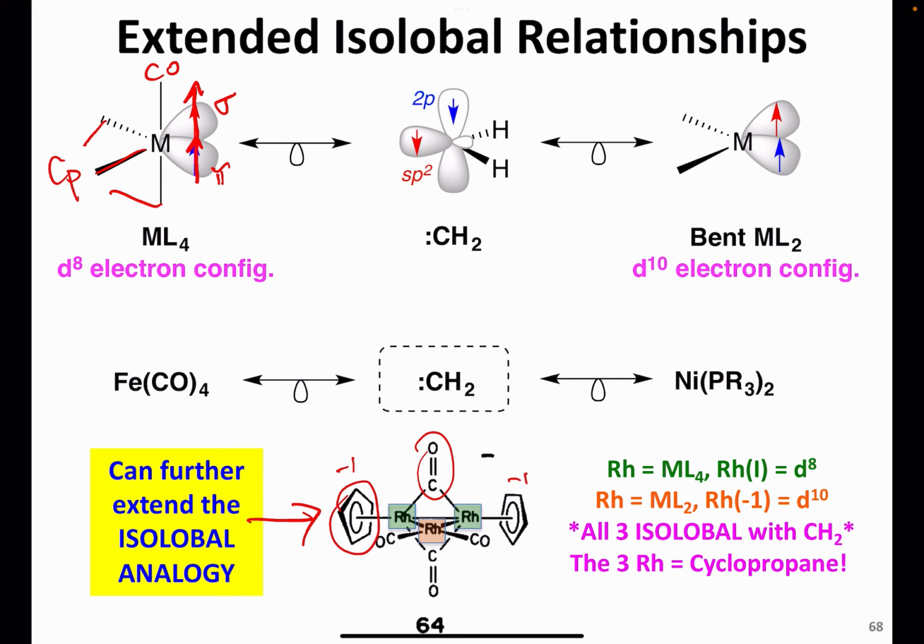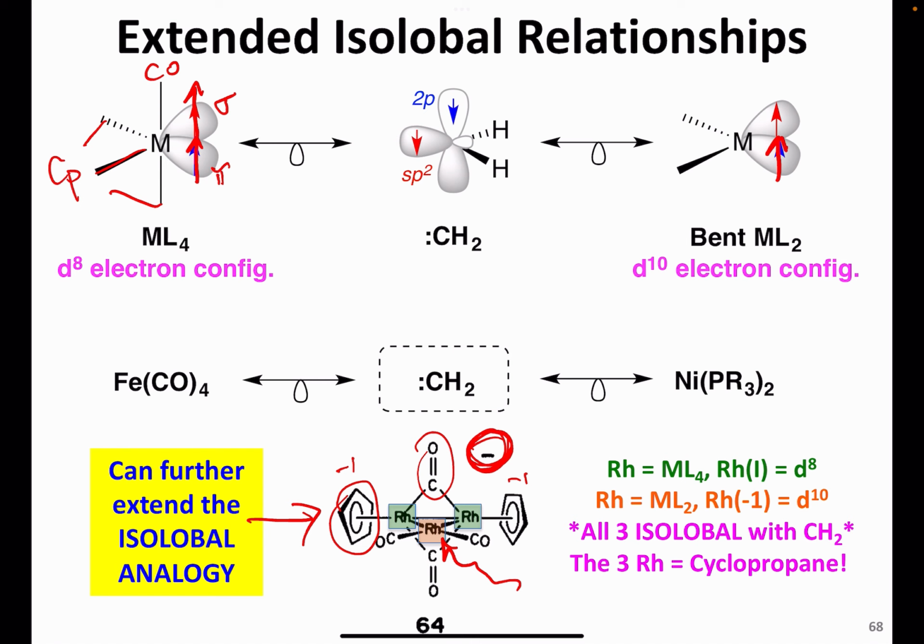Now look at the rhodium in the orange box. It is a bent ML2 fragment. Notice the overall charge of the complex is -1, and so that rhodium center is rhodium(-1). Rhodium(-1) is d10, so what we're dealing with in the orange box is a bent ML2 configuration that is d10 and has the exact same electron configuration as a carbene.